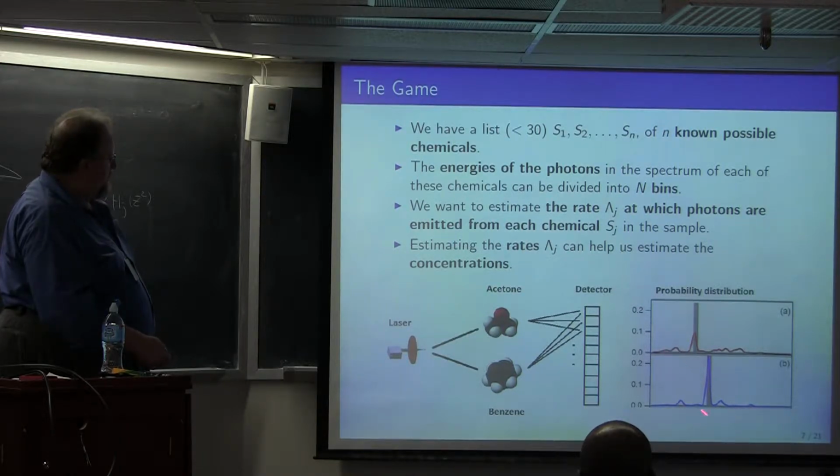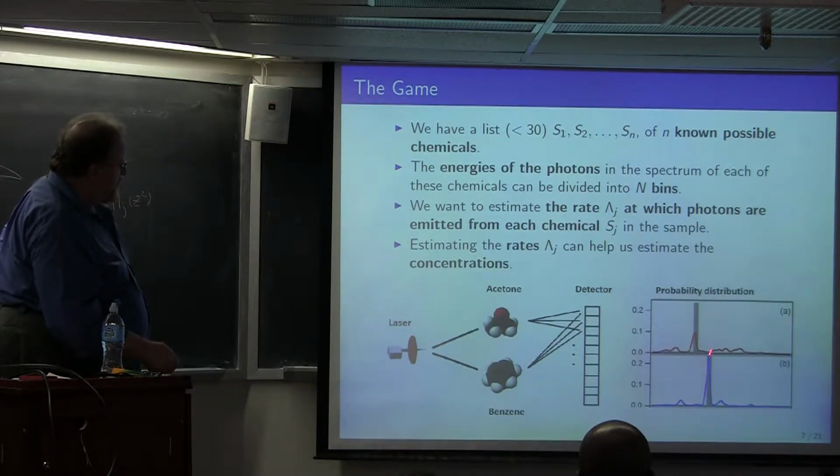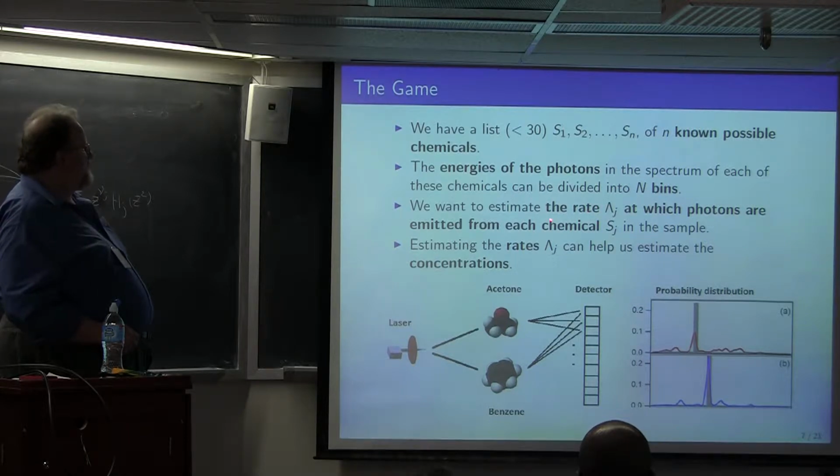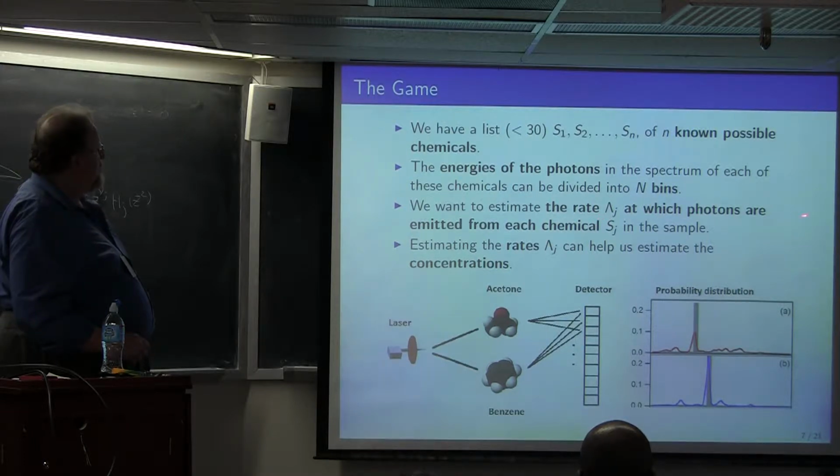Don't look at this gray behind the. Ignore the gray right now. Anyway, we can divide it into bins, okay, and so then we can classify the energy of each photon coming in as to which bin it's in. And what we want to do is estimate the rate. Remember I said each thing has a rate, the rate lambda j at which photons are emitted from chemical Sj.